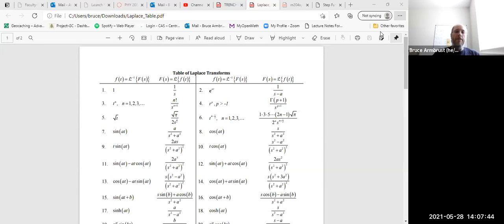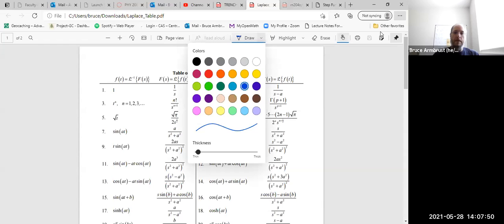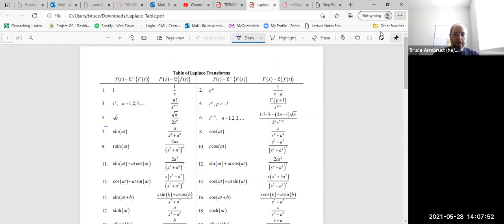All right. So think about what we were doing. We had, for example, the sine of 2t. So that's this form right here, where a was equal to 2. So if I put that in right here, I'm going to go ahead and switch back, go over to the whiteboard again.